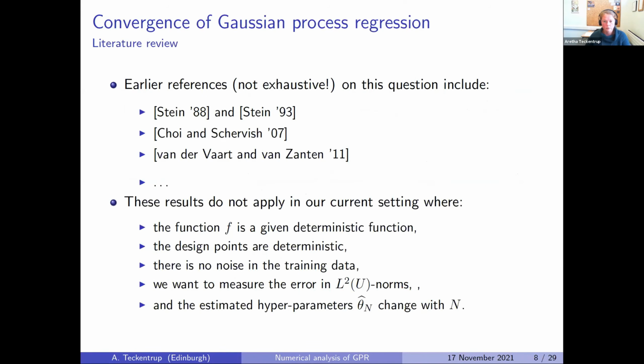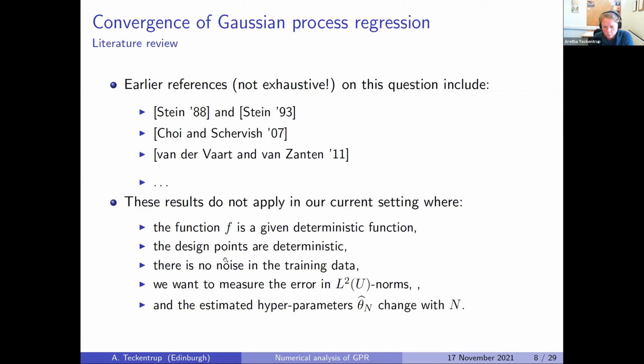So this question of what happens as n tends to infinity and whether you're able to recover the true function f is, of course, something that people have looked at earlier. There's some seminal work here. Of course, since then, there have been very many other people working in this area. However, in the particular setting that we're interested in, these results don't really apply.